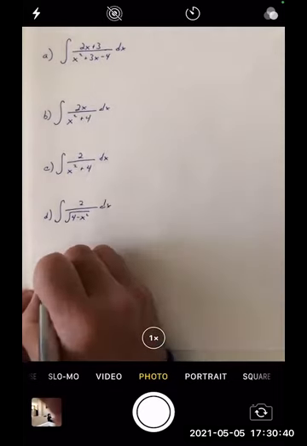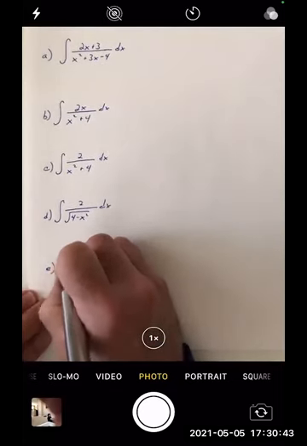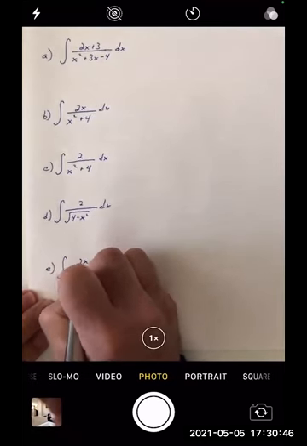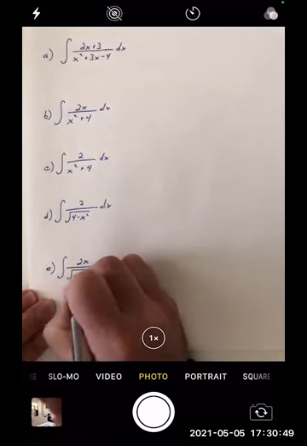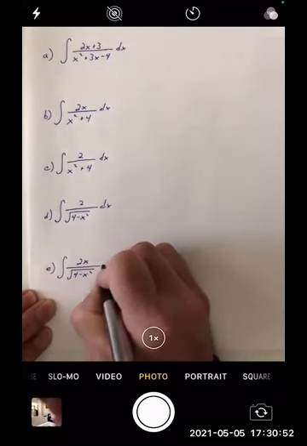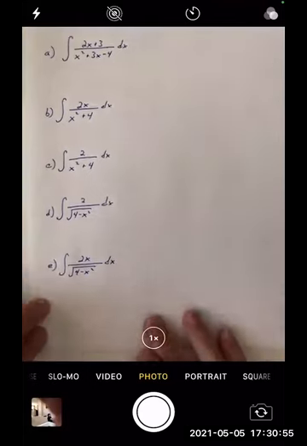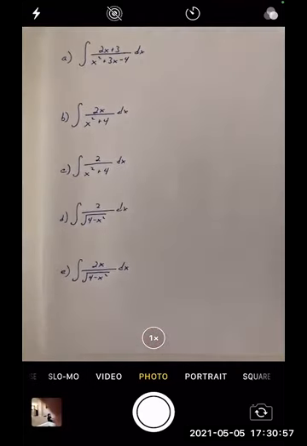Fourth. And fifth. Okay, so give them a little bit of thought, because one of the challenges for this chapter is being able to look at an integral and know what technique to use.